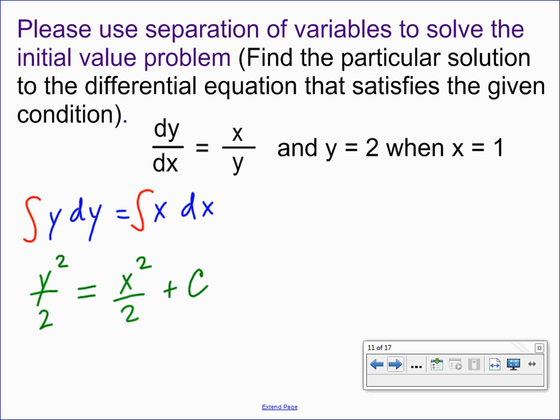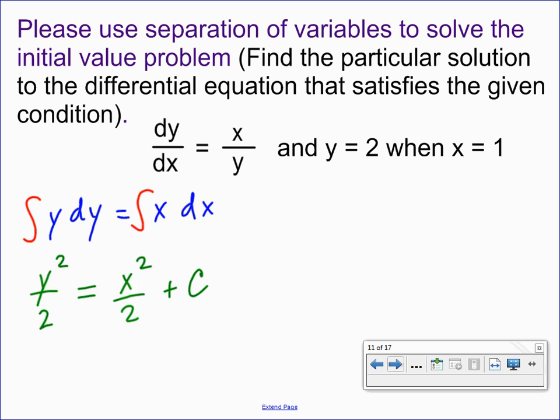I'm going to practice with the general solution because handling the constant can be tricky with positive or negative. You're welcome to plug in right now, and we should get the same thing at the end of the day. So, does anyone want to plug in right now and solve for c? No? All right, that's fine.